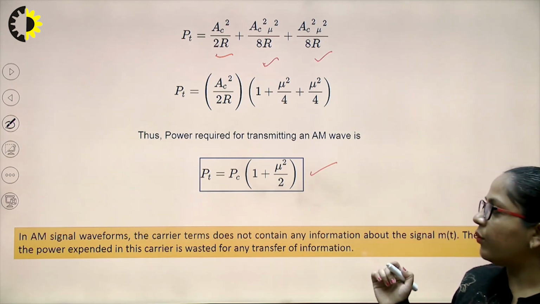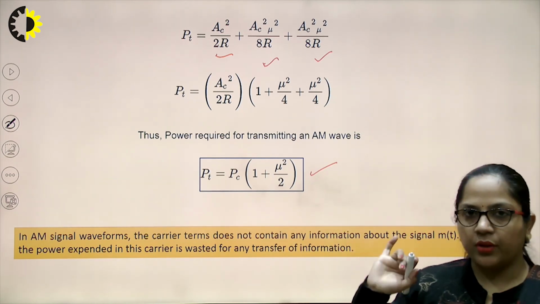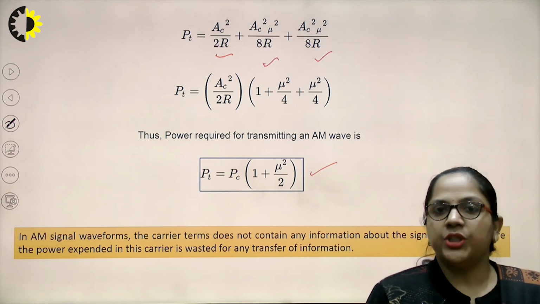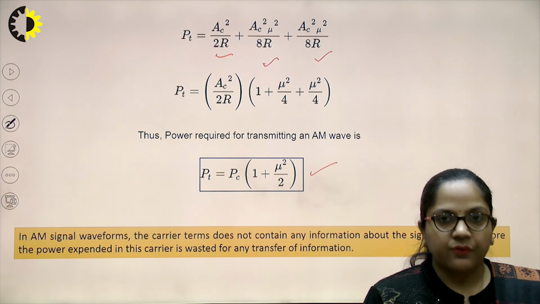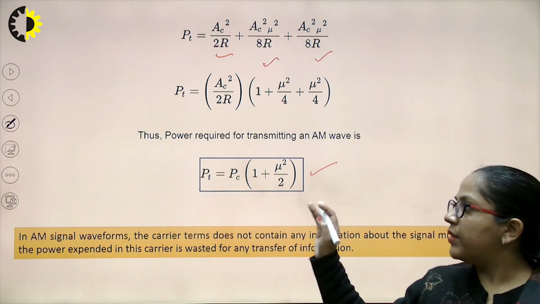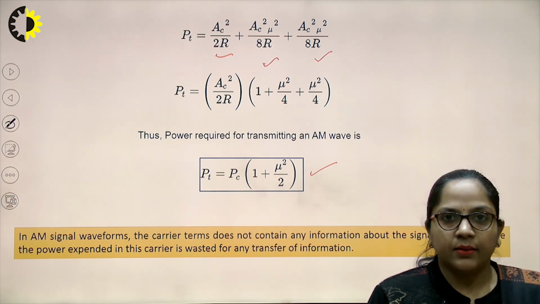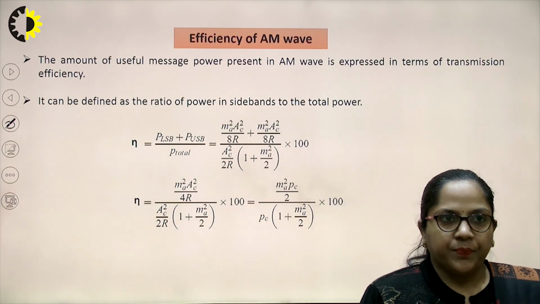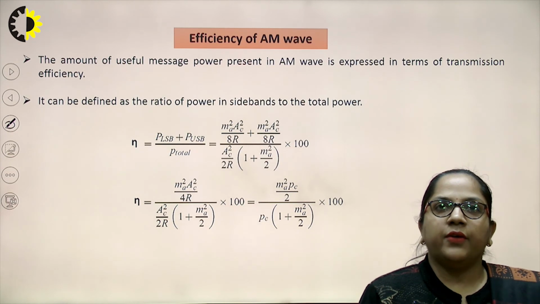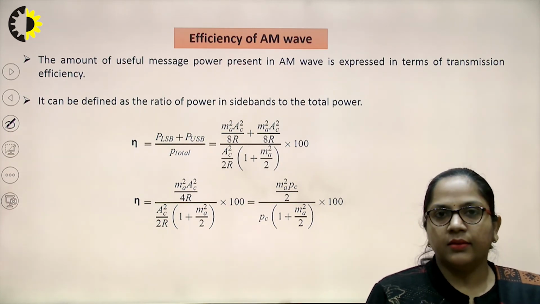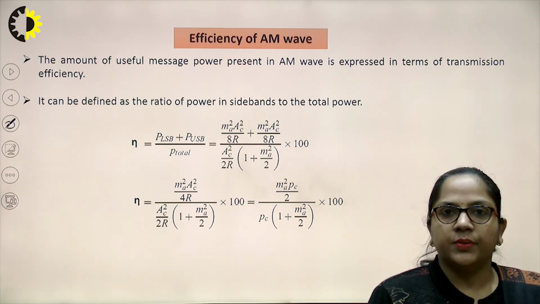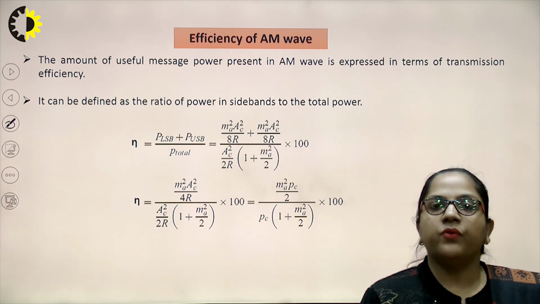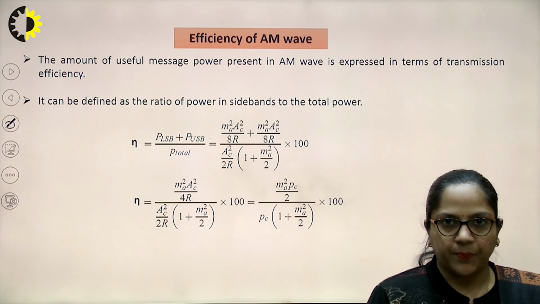Next, we have calculated the total power required for the transmission of the AM wave. Now we can calculate what amount of efficiency we are getting with this double sideband full carrier modulation. What is efficiency? Efficiency we can define as the ratio of sideband power to the total power required for the transmission of the AM signal.